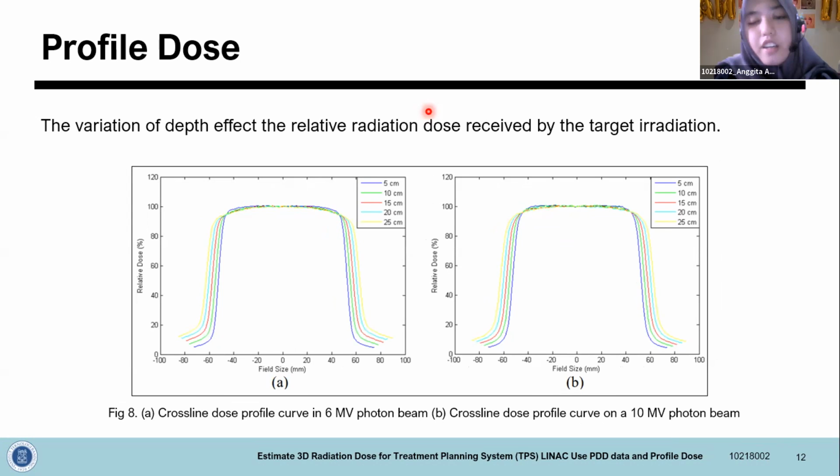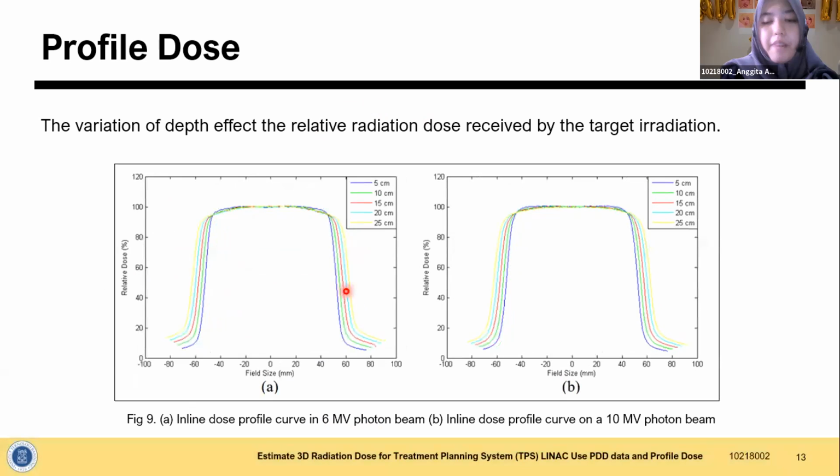The figure shows us the relationship between relative dose in percent and voltage in millimeter with depth variation. For inline and cross-line curves, both show that the width will become larger when the depth of the target is higher. Why use the x-axis and y-axis?